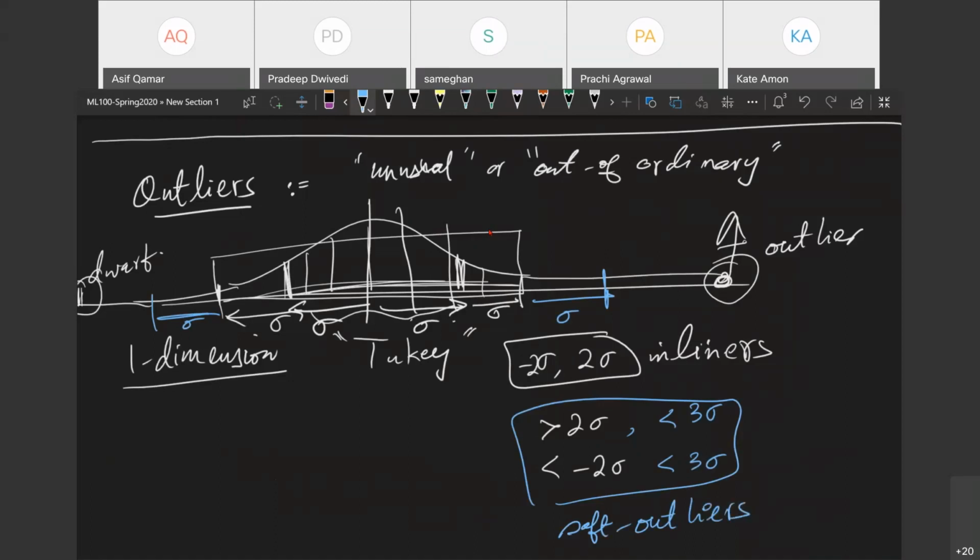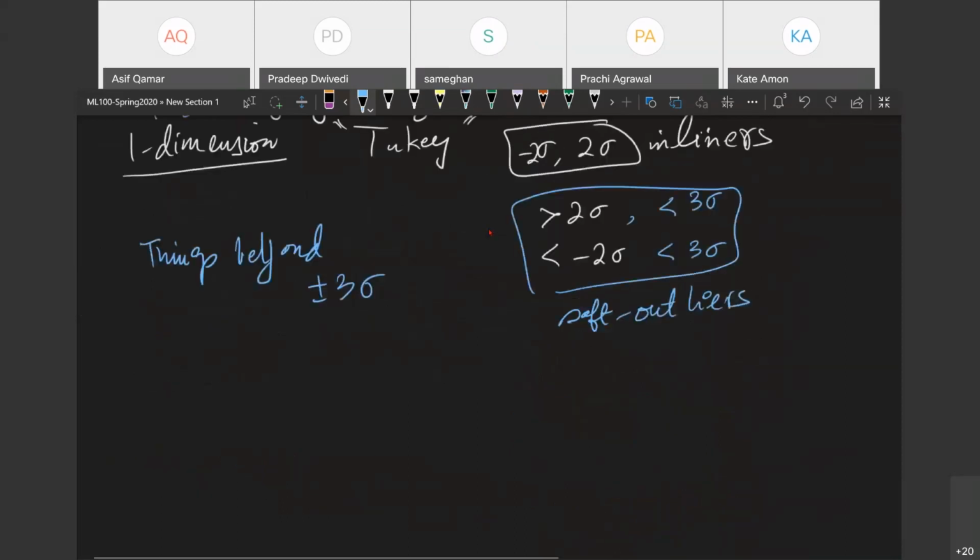They are outliers, and things beyond plus or minus 3 sigma, he called strong outliers. Are we together? Does this make sense, guys?